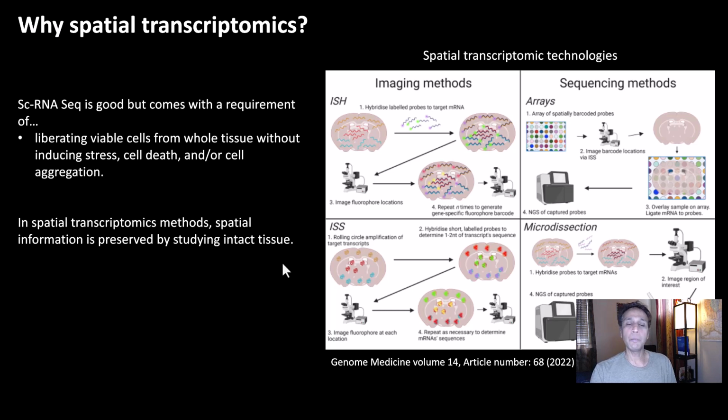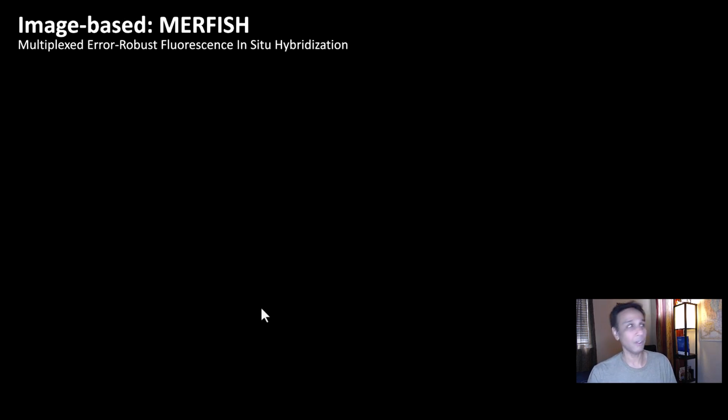Again, there are many ways people do this, and the two common ones that I am going to at least provide a high-level overview of are ISH, which I'll tell you exactly what that is in a second, and sequencing methods like arrays. These are the two common ones, even though ISS and microdissection are also something that people do. But let's have a quick look at ISH and then the sequencing methods, and then jump into our data.